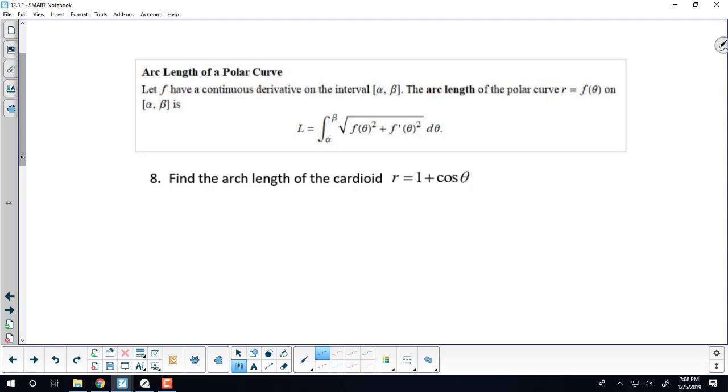So the arc length of the cardioid, that was in our last one. We'll go ahead and graph this one too, just so we can reference it.